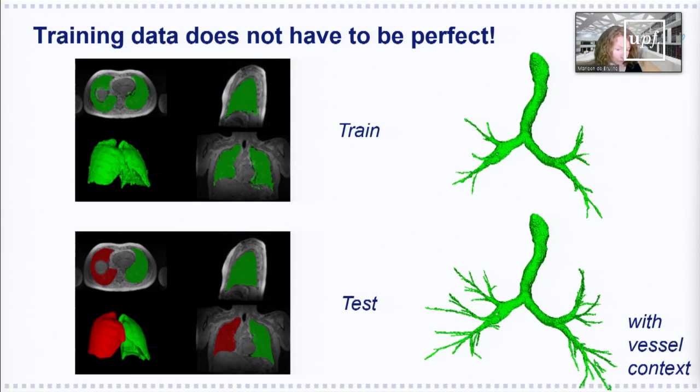But we have collected training data in such an iterative manner, for instance to transfer a model to a new scan protocol. We have updated our training data this way, and it's a quite practical way to get good results.